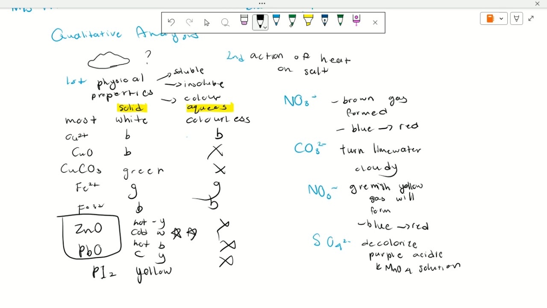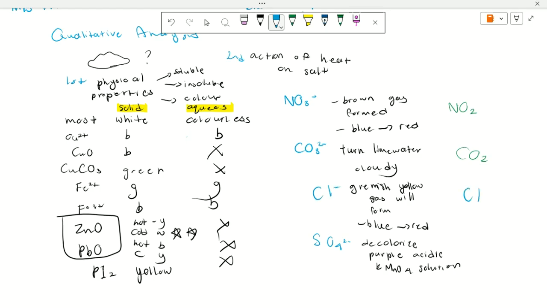So what gas will these salts release? For NO3, it will produce, can you guess? NO2. For this one, I think everybody knows it is CO2. And this is the Cl negative.